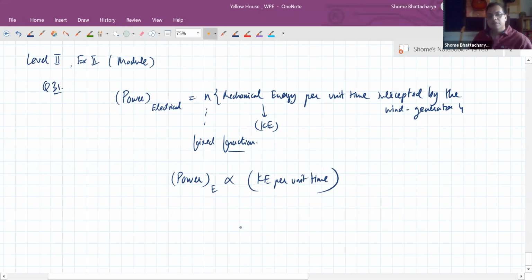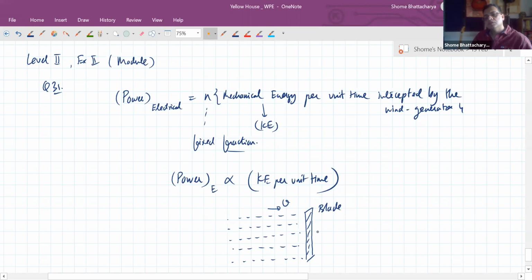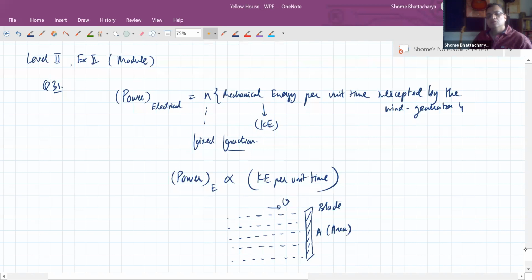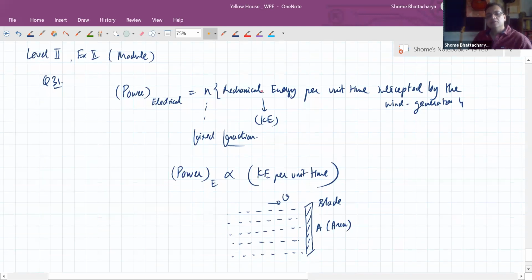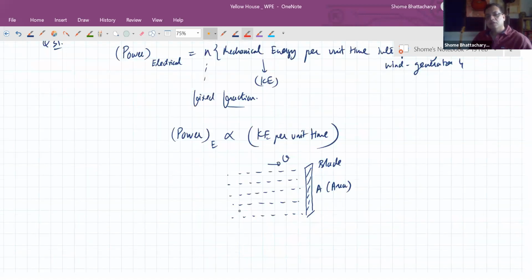Okay. So now imagine air particles are moving in this direction with a speed v, and they are intercepted by the blade of one of the fans. The blade's area is A, and the density of air is d.